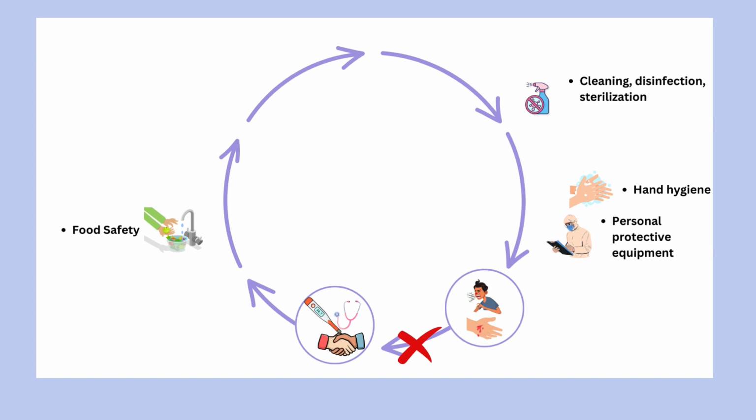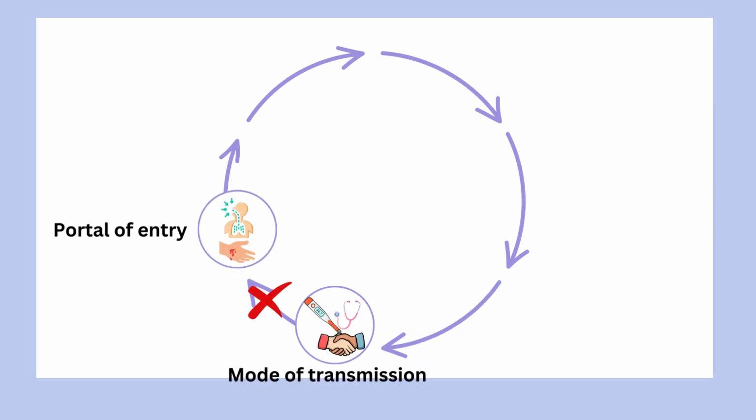On top of that, it is crucial to prevent cross contamination by using separate cutting boards for raw meat and other food items. Another method is called isolation, which separates individuals who are infected or suspected of being infected from those who are healthy. We applied this method a lot during the COVID-19 pandemic.